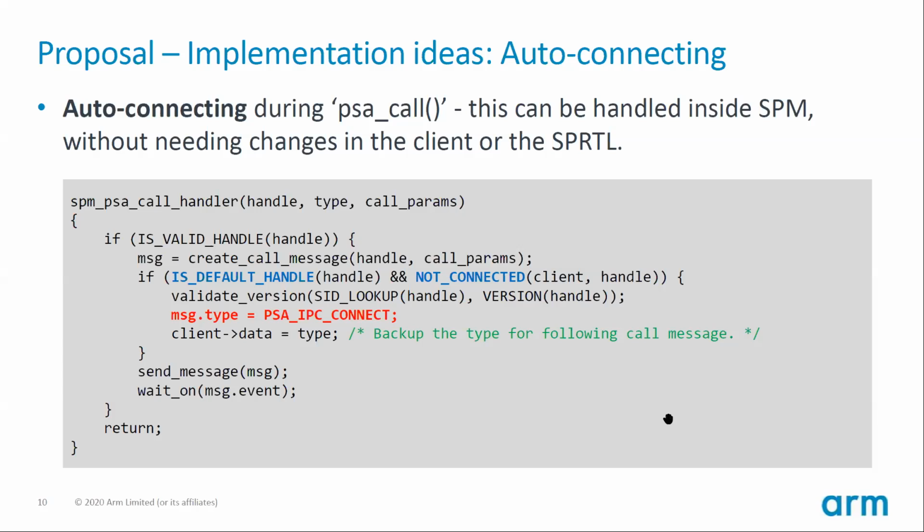We just connect the secure partition once, and we use the secure partition handle as the first input parameter for every service call. So is it possible that we don't need to connect for every service?